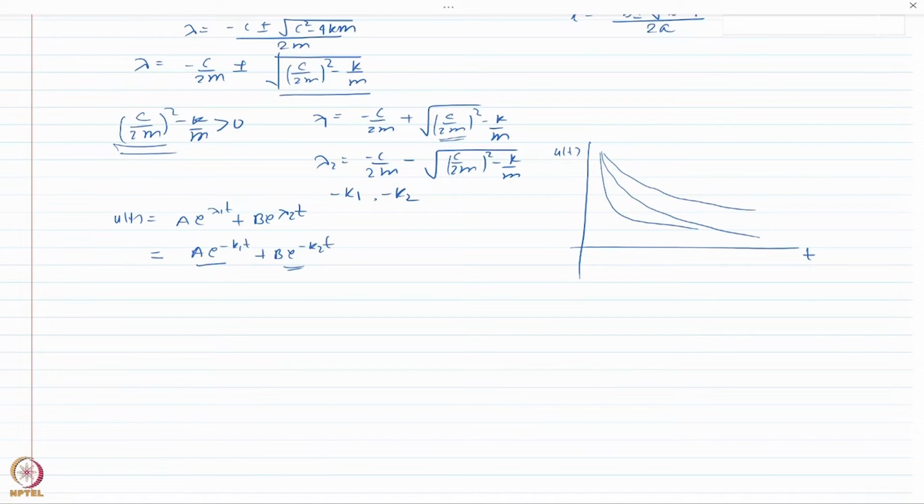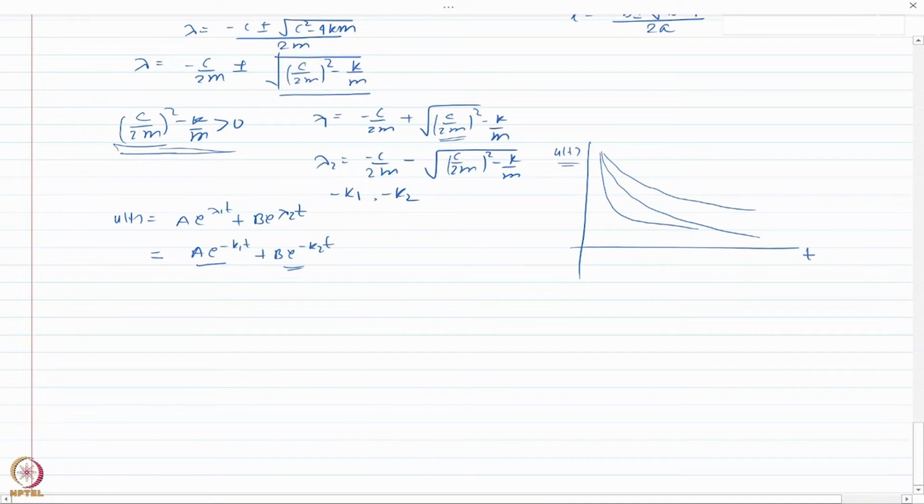However, one thing to notice here is that for my damped system, when the term under the square root is greater than 0, I get two real negative roots. I do not see any vibration. Do you see any oscillation here?